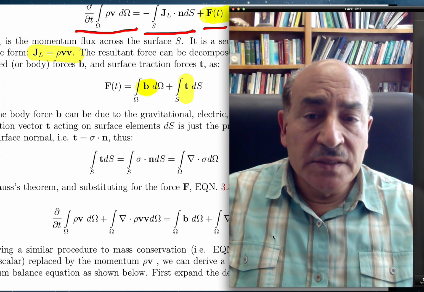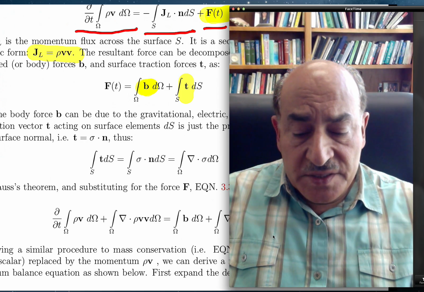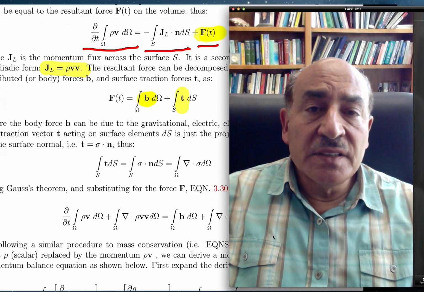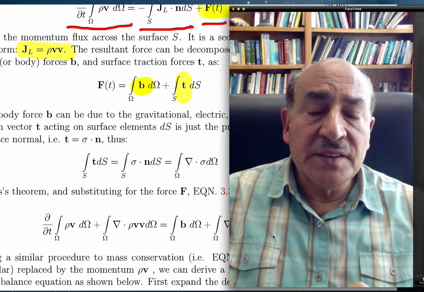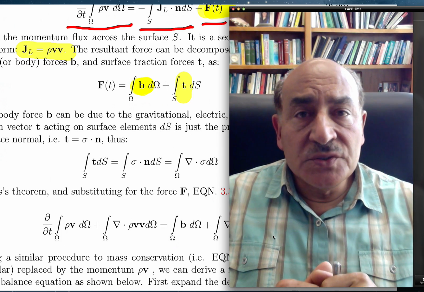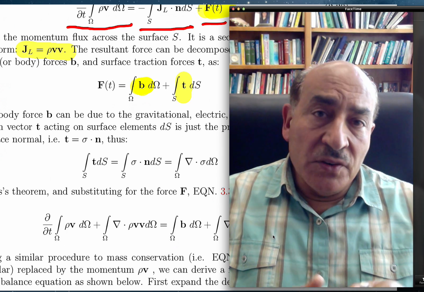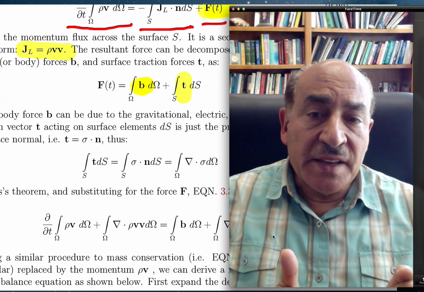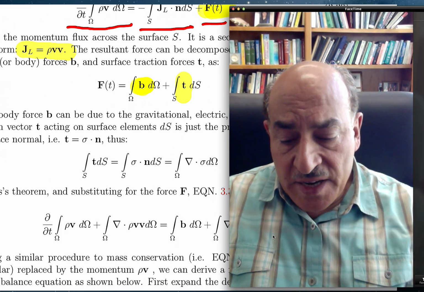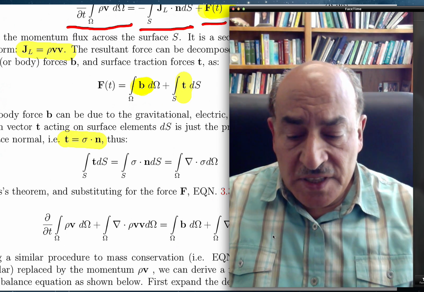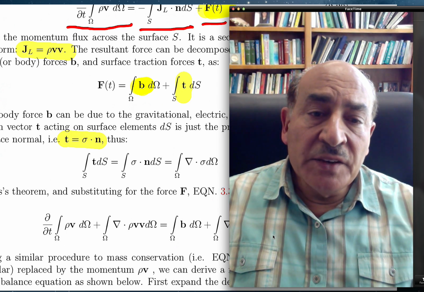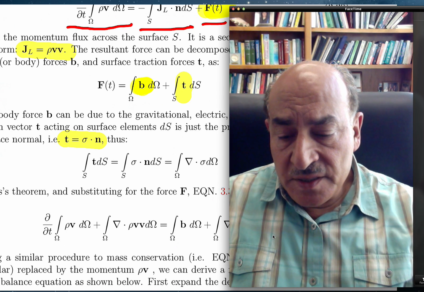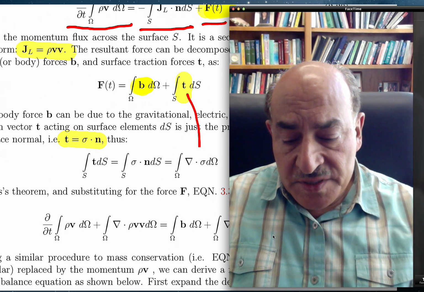So with that, we can now move on to describe the T. We know that, from our mechanics background, the traction is equal to the dot product of the stress tensor and the normal vector, sigma dot n. So we would have the traction is equal to sigma dot n, and we replace the traction with sigma dot n.